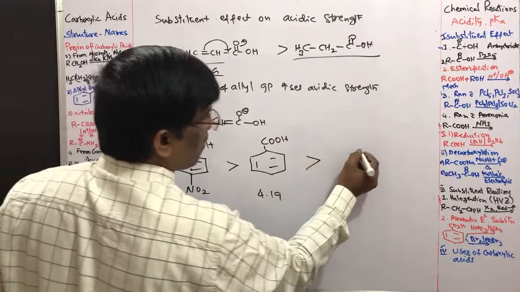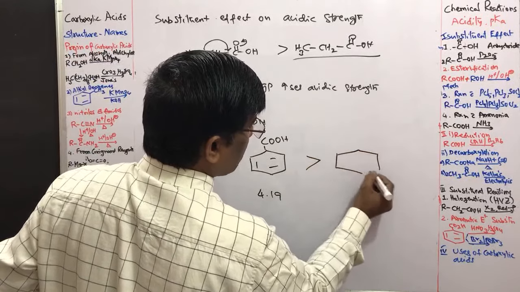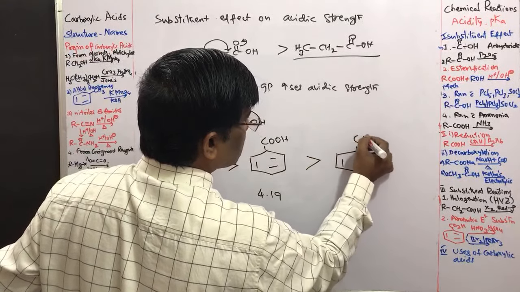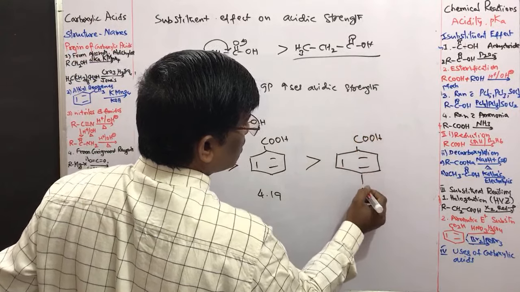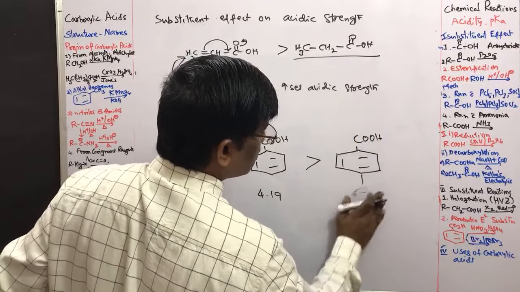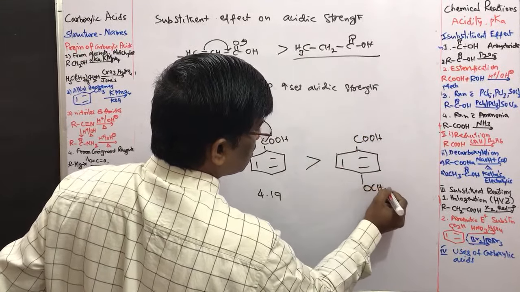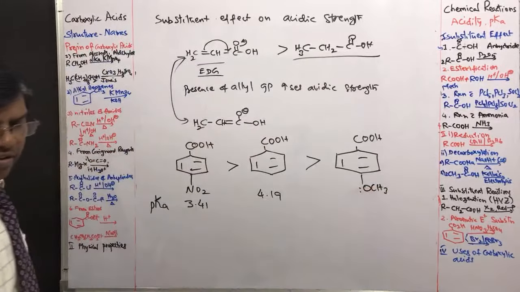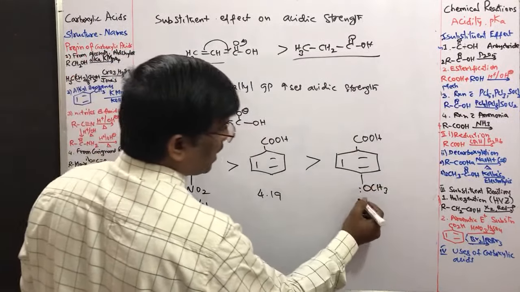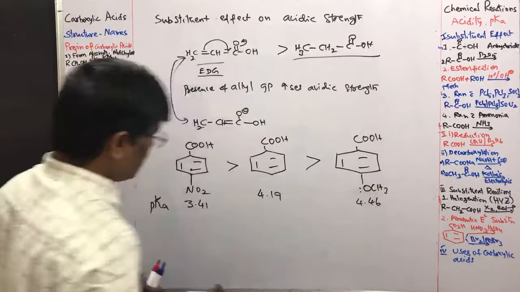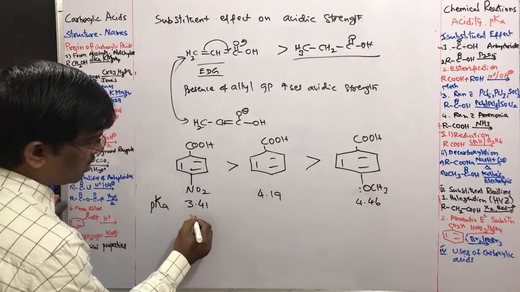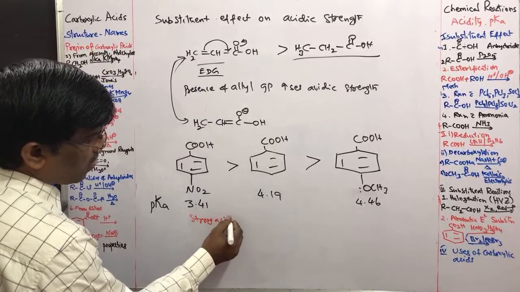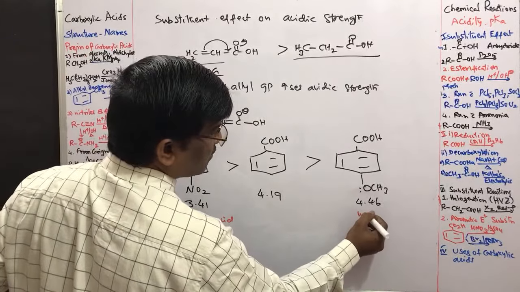And when you compare this acid with para-methoxybenzoic acid, the methoxy group is an electron donating group, its pKa is 4.46. So this is the strong acid and it is the weak acid.